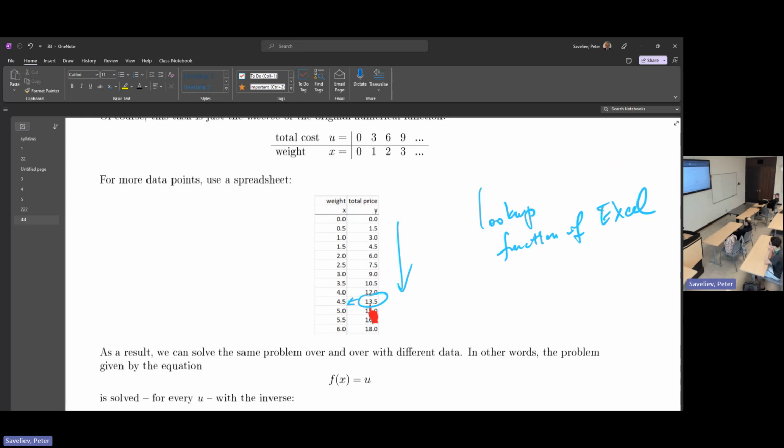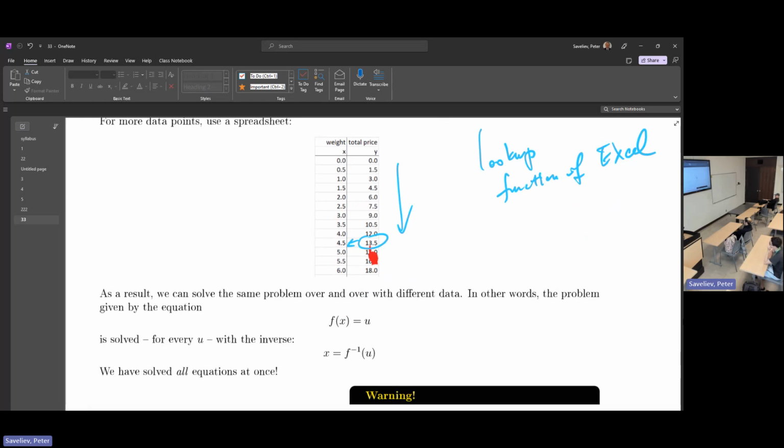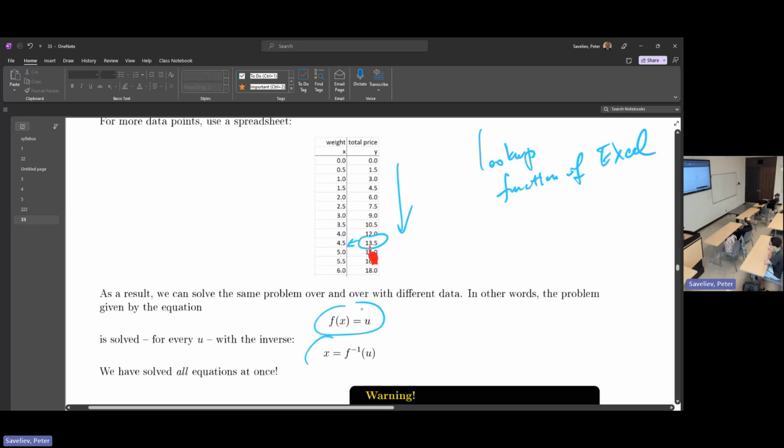Okay, so what we want to understand here is that it is a function with a known output, and then we find the input by taking the inverse. So that's an equation to be solved. This is how we can at least attempt to solve this problem.